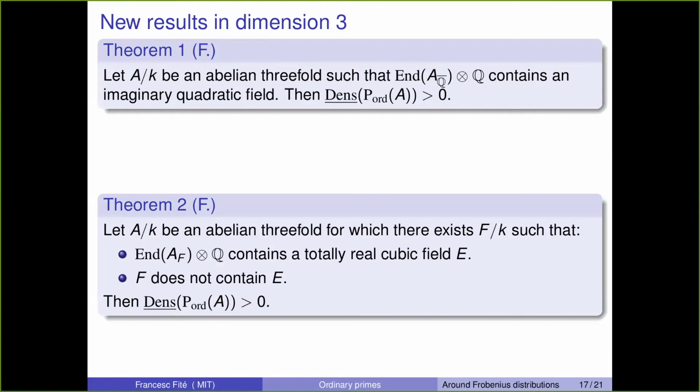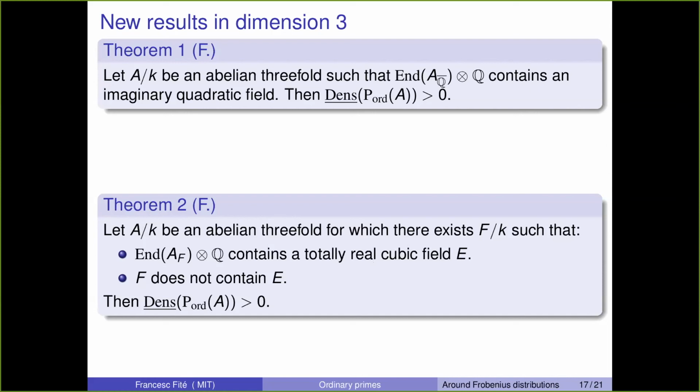And by Albert's classification, this leaves us with only two types of abelian threefolds for which we don't know the abundance of ordinary primes: the generic abelian threefolds, and the abelian threefolds which have multiplication by some totally real cubic field.